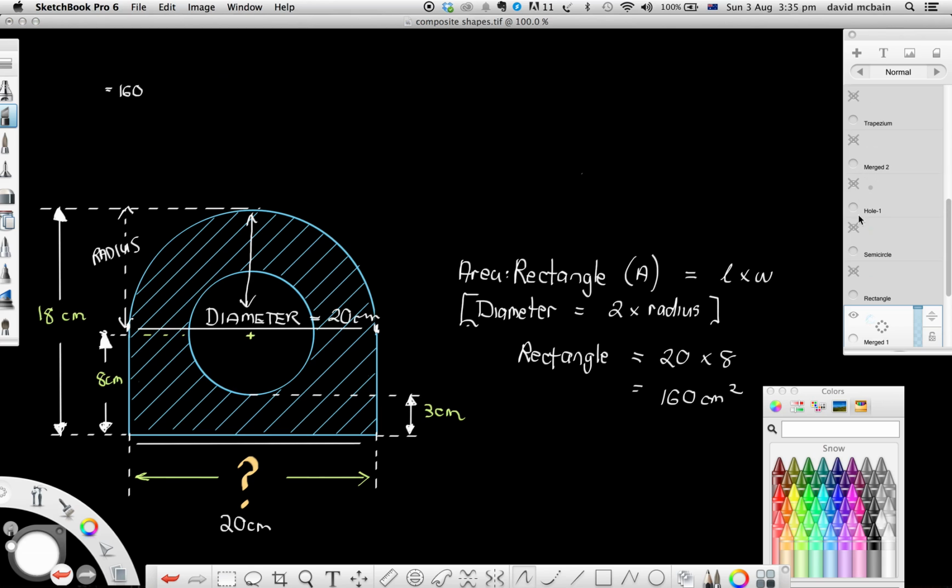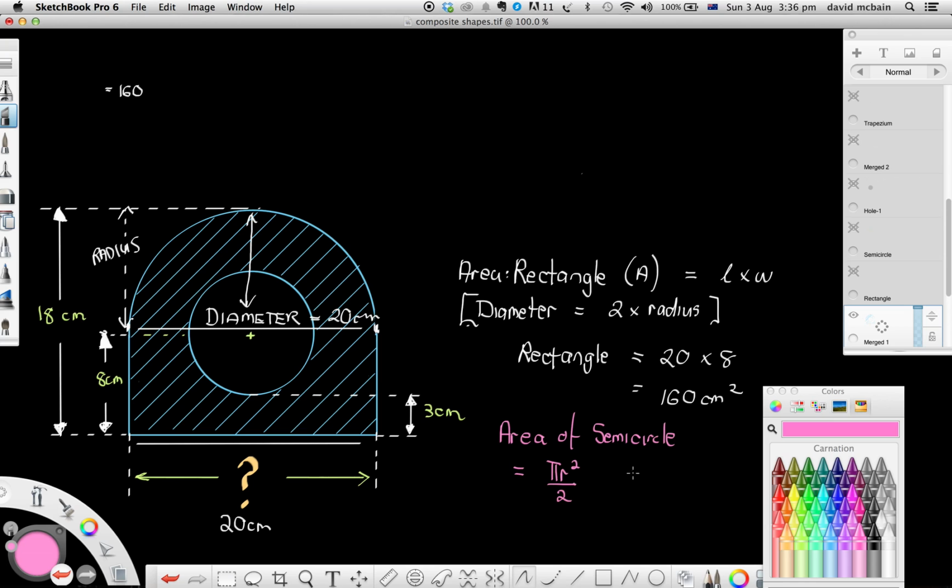Okay, let's go back to our original diagram. So I've done the area of the rectangle. Now we can do the area of the semicircle, which is this part here. So we'll do the area of the semicircle now. I'll do it in a different colour. Area of semicircle equals pi r squared divided by 2.